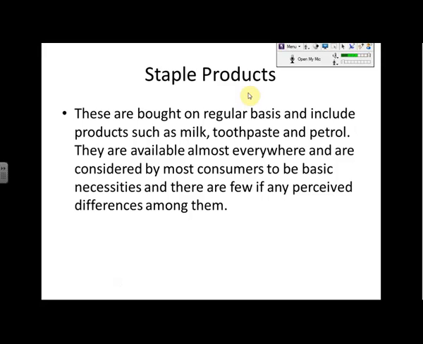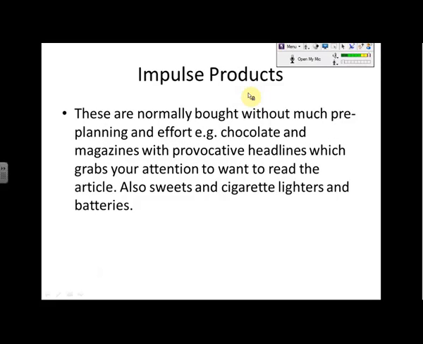Impulse products. These are normally bought without much pre-planning and effort. Chocolate and magazines with provocative headlines which grab your attention and make you want to read the article. And you also look at products like sweets, cigarette lighters and batteries.